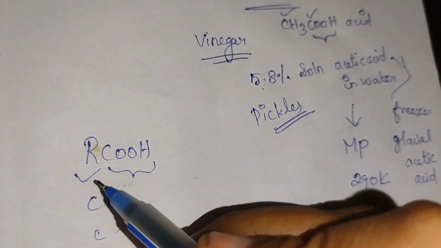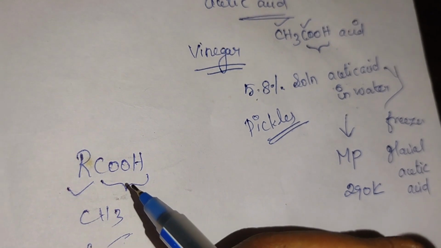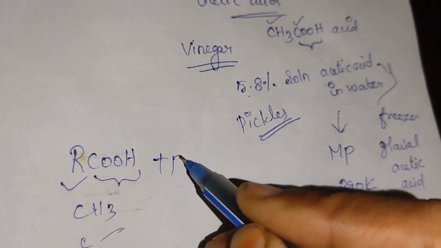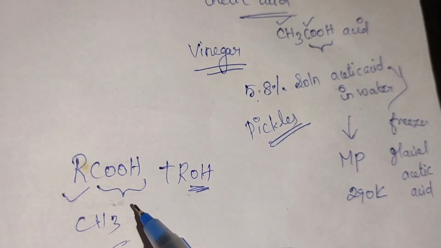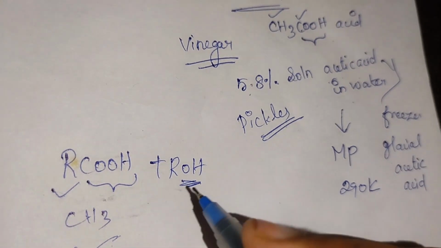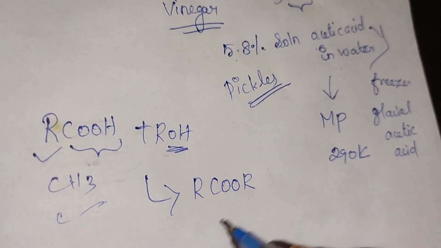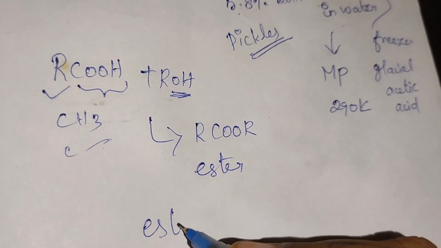When this acid reacts with an alcohol, written as R-OH, what we get is an ester, and this process is known as esterification.